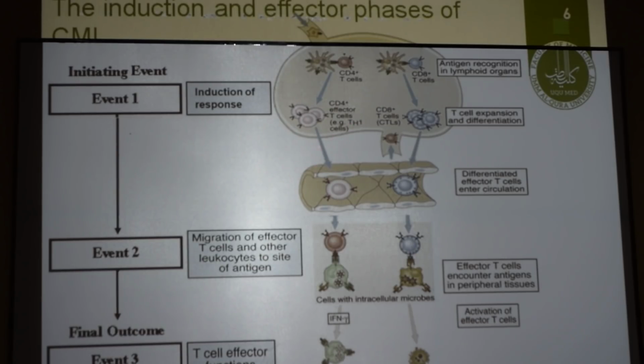That whole group has to migrate to the tissue. So migration is very important, and then they reach the tissue where they have to perform the function. On the other side, CD8 cells are activated, and effector T cells have to migrate. Now they both come here in the tissue. Let's assume that this cell has a virus or an intracellular bacteria inside.